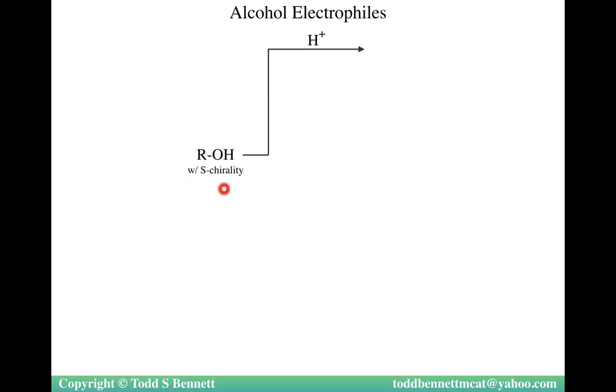So if we have an alcohol that starts out with S, if you protonate it, so let's consider... Okay, so there's my alcohol. Let's double check S. Ready, 1, 2, 3.